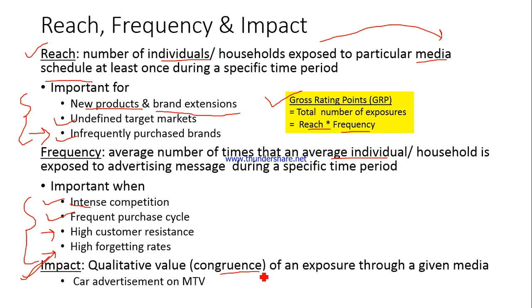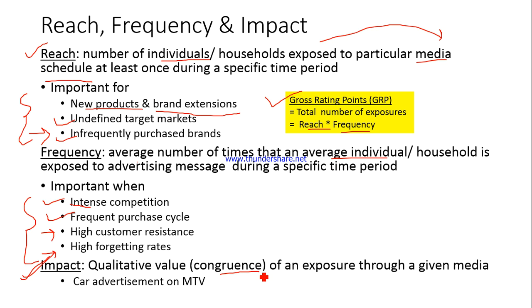We have discussed this in the very last session wherein I talked about the congruent surroundings, right? So what do we mean by congruence? For example, if you want to sell Hanuman Chalisa, let's say, or let's say you want to sell Bhagavad Gita, which particular media vehicle would be more appropriate to you? Would it be the Astha channel or would it be the MTV?